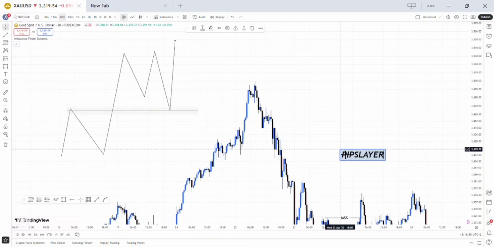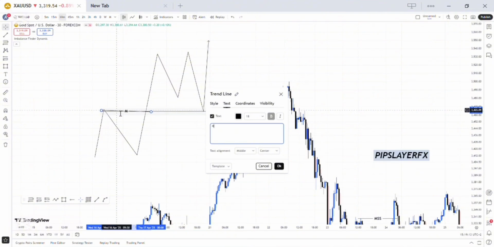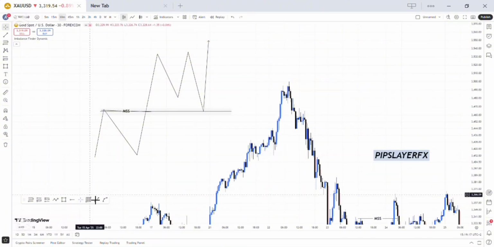So, as you can see, this area becomes your market structure shift. We have a market structure shift at this area. Quickly write it, MSS. Then we have your inducement located at this area. This is your inducement.